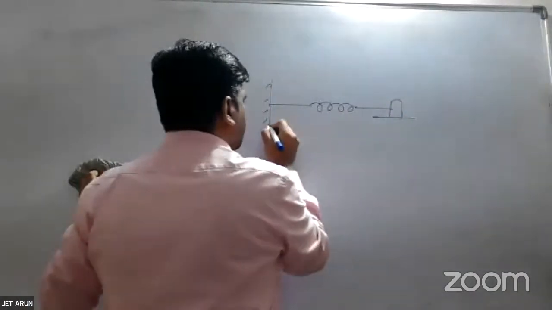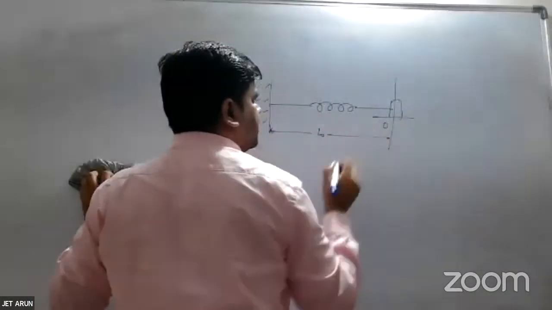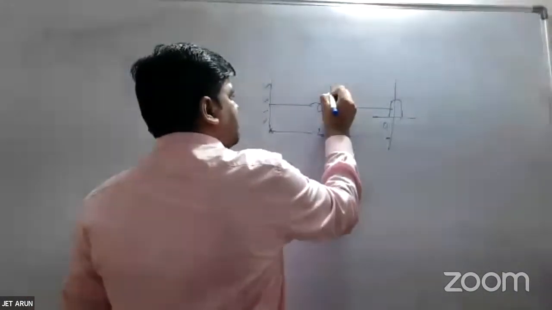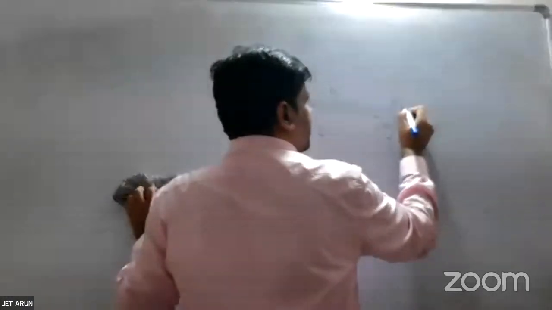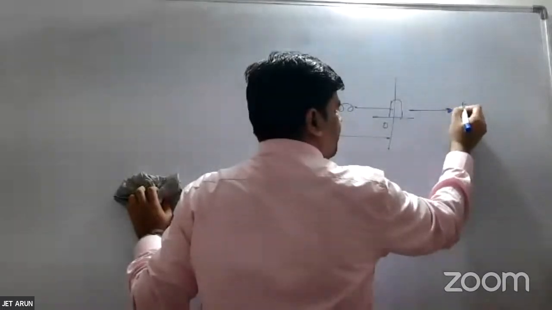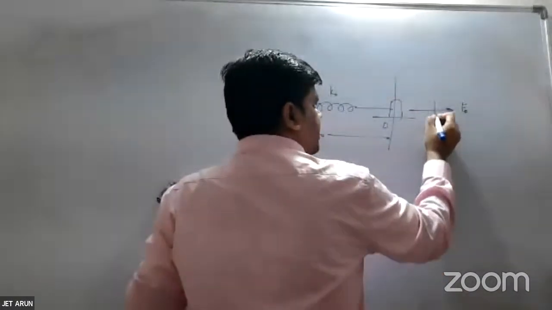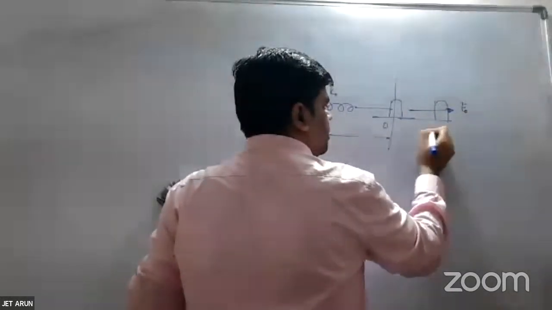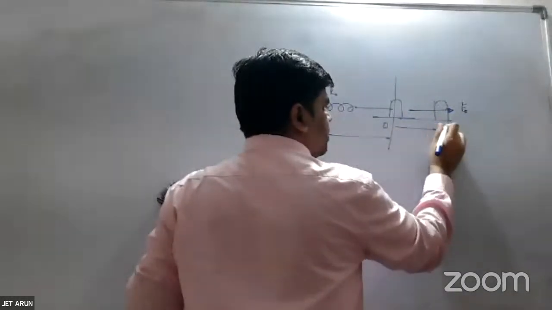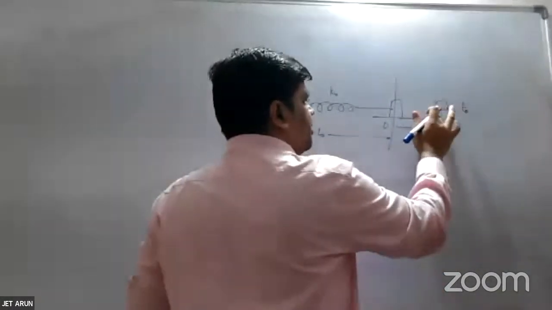This is a block. Natural length of the spring is L naught. So initially the block is at the spring's natural length. Spring constant is K naught. If I apply a force of F naught, let us say the position is at X naught, displacement is X naught, and the force is F naught. And it's found that the particle is in equilibrium.